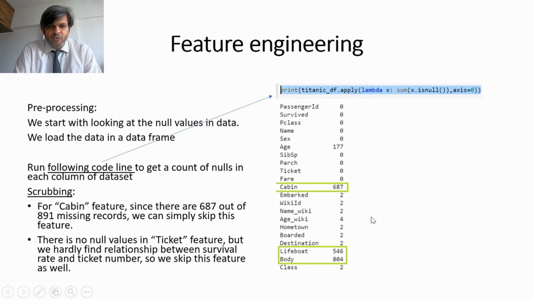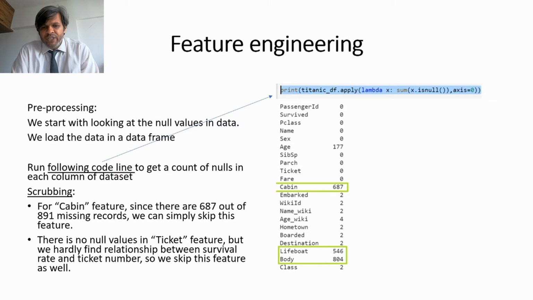So we look at some of the columns which have high null values. We see cabin has 687, lifeboat has 546, body has 804. The percentage of null values in these columns is very high, so we decide to skip them. For the cabin feature, 687 out of 891 records are missing, so we can simply skip that feature.